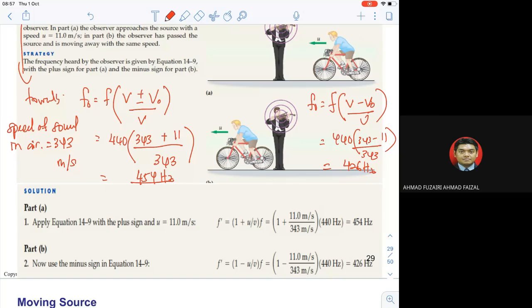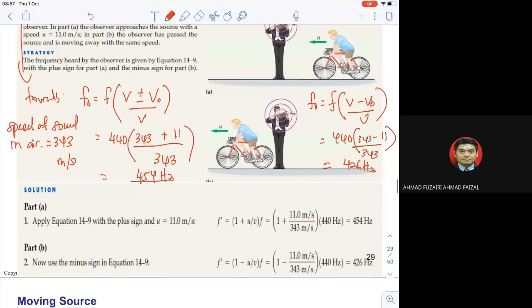They are using my slide equation, which is actually the same as the equation from your textbook. I encourage you to use the textbook equation instead of mine, because in your textbook you will see f O equals f times V plus or minus V naught over V.